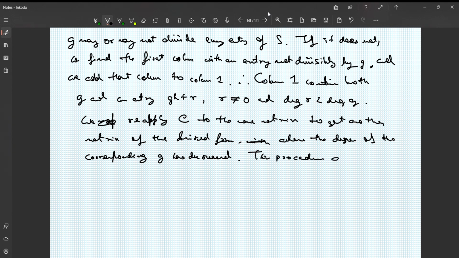Obviously, it will again end after a finite number of steps, and we will reach a matrix of the desired form.